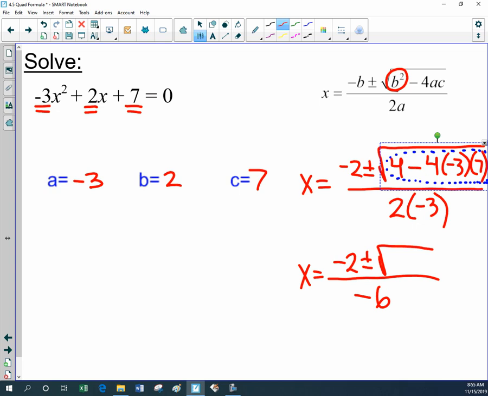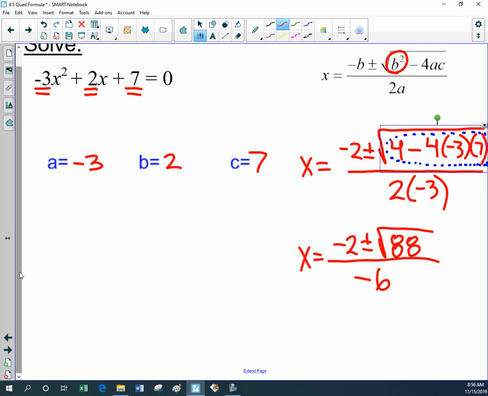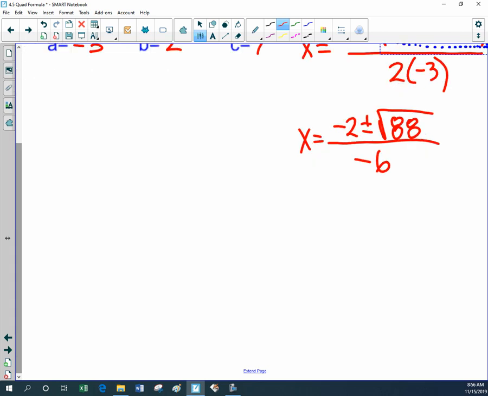Agree with that? Okay, now take the square root of 88. So if you type this into your calculator, you get 2 square root of 22 all over negative 6.